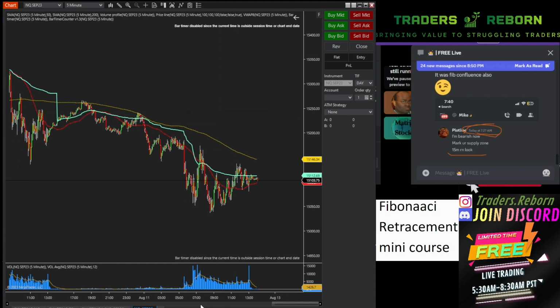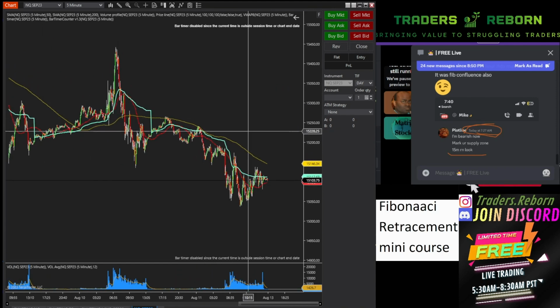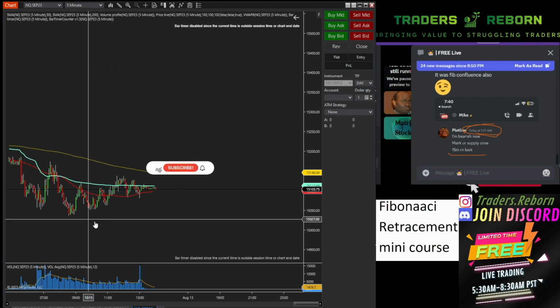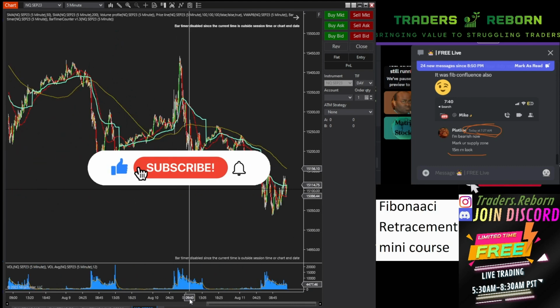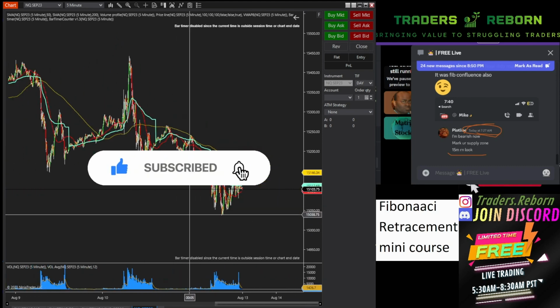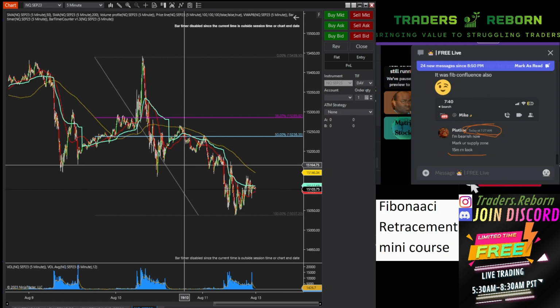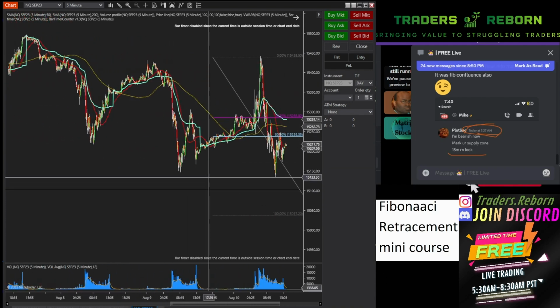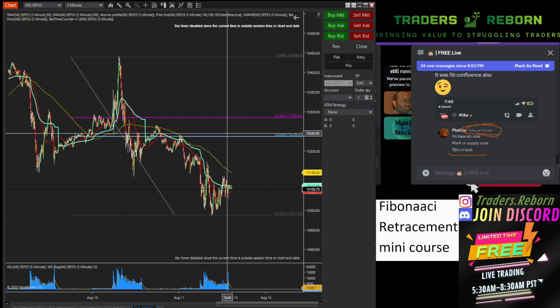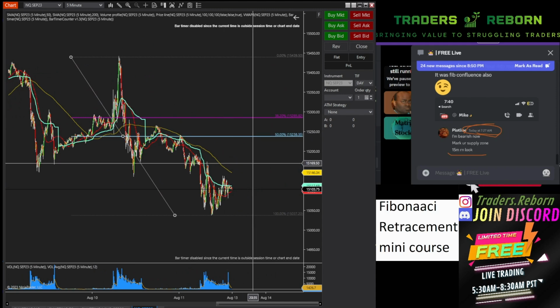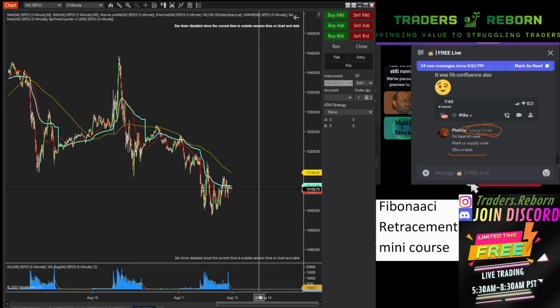But right now NinjaTrader is acting up, so I can't do it. But let's use these levels right here. On the 5 minute, we would bring it from the bottom here to the top. These levels don't seem that great because they're not really current right now.